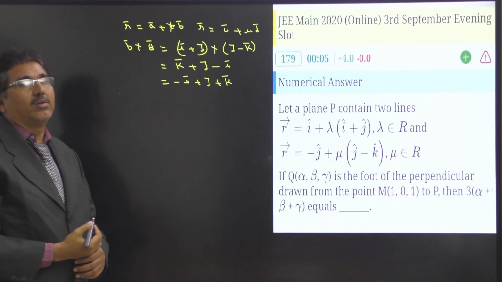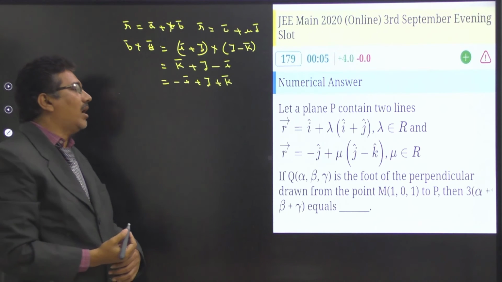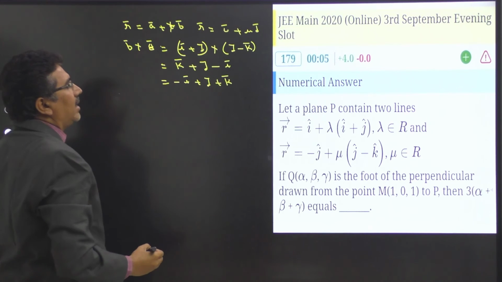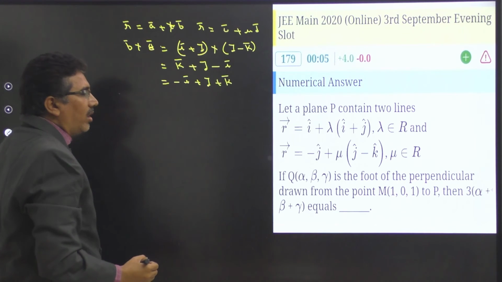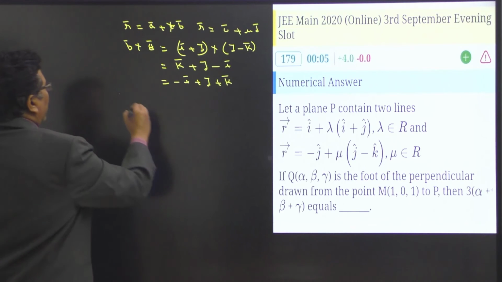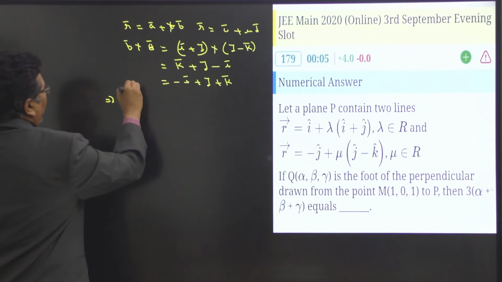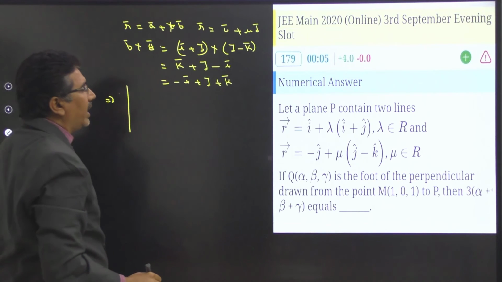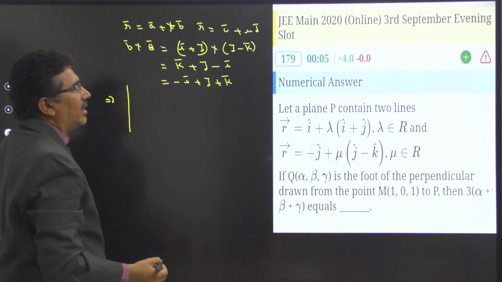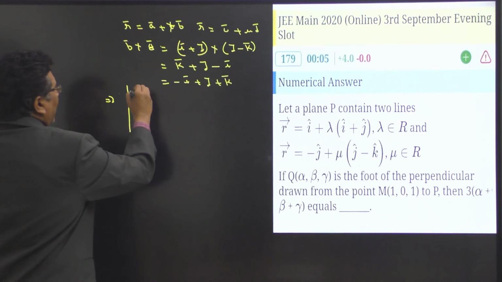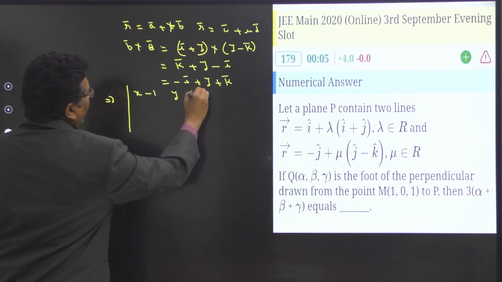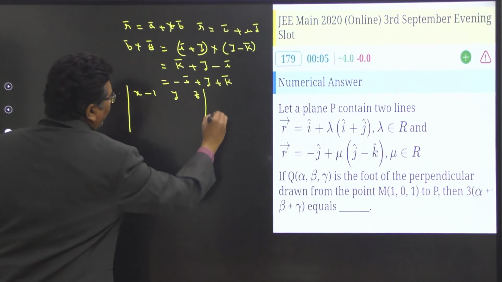Now we want to find the equation of the plane. The equation of the plane passing through a point and parallel to a vector is given by x minus x1, y minus y1, z minus z1.